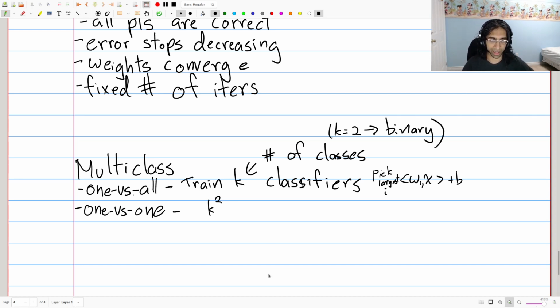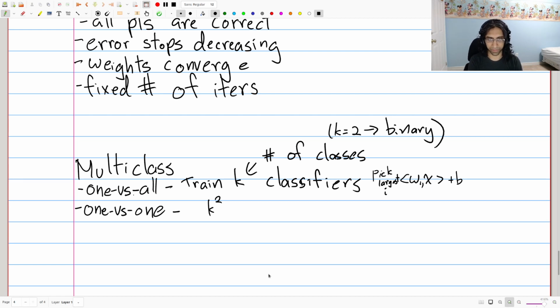The idea is that for each pair of possible labels i and j, you ignore all other points which do not have one of those two labels, and then you just train a perceptron on those sets of points.